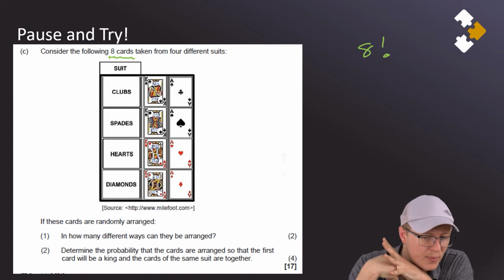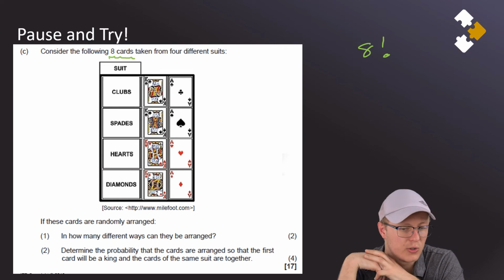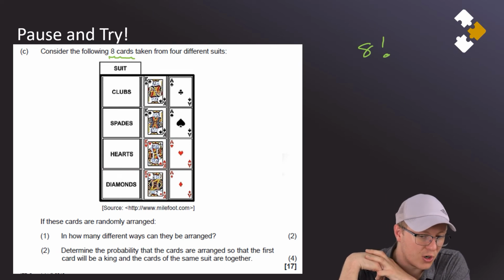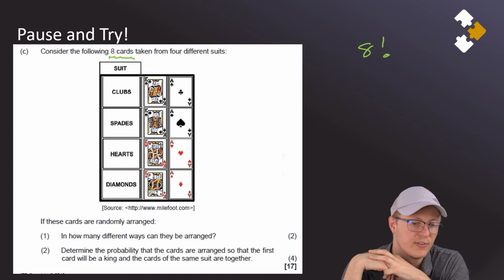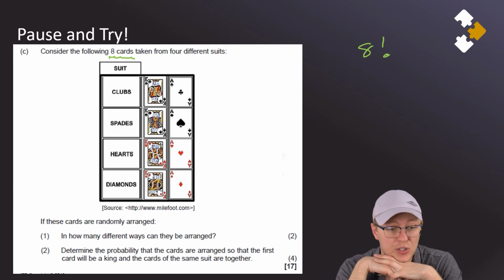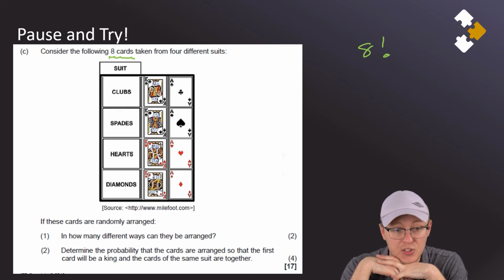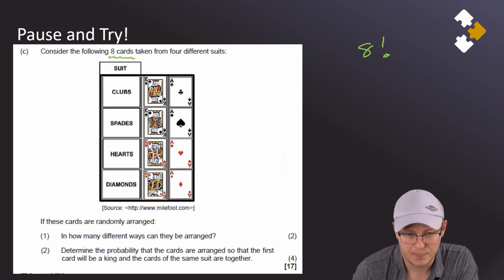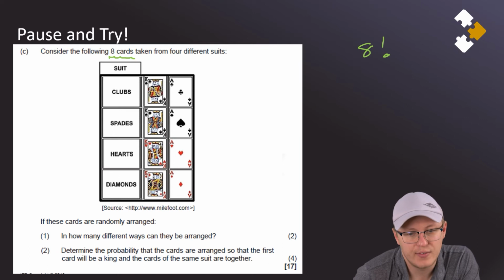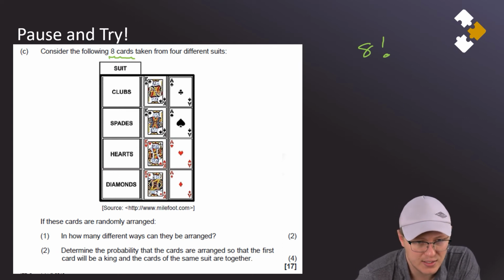And then it says, determine the probability that the cards are arranged so that the first card will be a king and the cards of the same suit are together. Okay, so this is a little bit more tricky, so let's see how this can happen. Let's say that we arrange this in our random way.